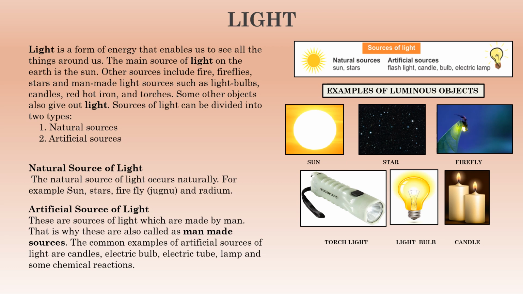That is why these are called man-made sources. Some common examples of artificial sources of light are candles, electric bulb, electric tube, lamp, and some chemical reactions.